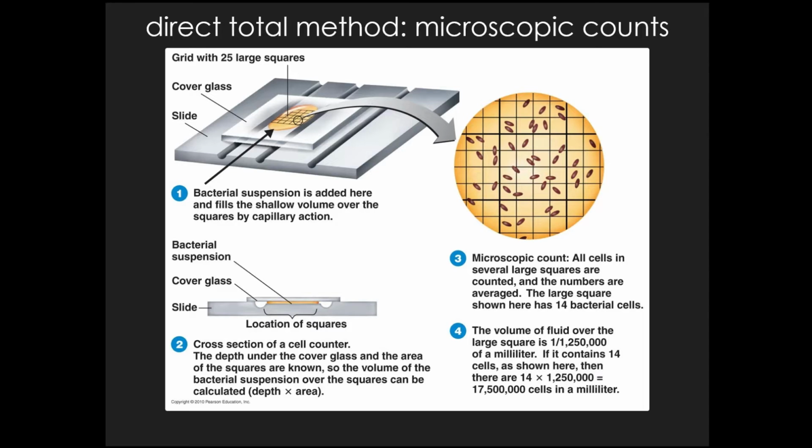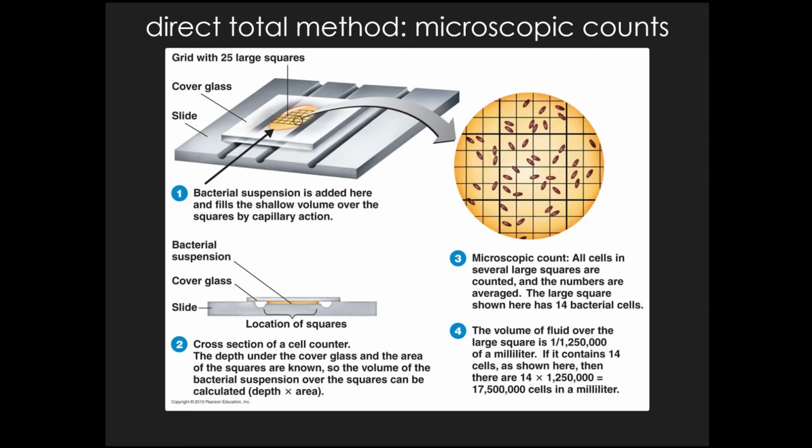So one of the drawbacks for this is that you have to have this special kind of microscope slide, which has a cover slip attached to it and has this quantified area into which a known quantity of the bacterial sample will go.